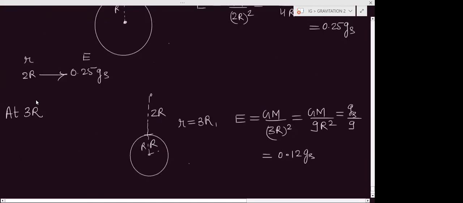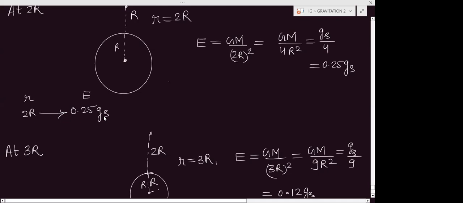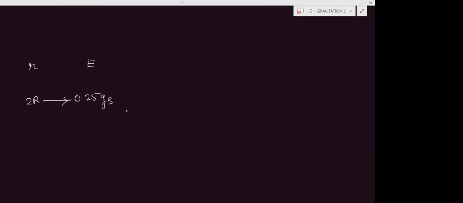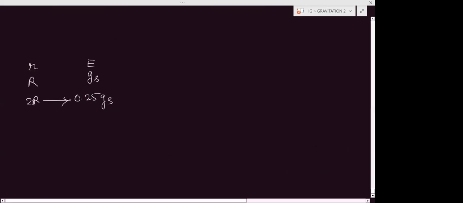Now you have plotting points. Plotting points means at distance capital R, what is the value? gs. If the distance is 2r, what is the E value? 0.25 of gs. If the distance is 3r, what is the value?